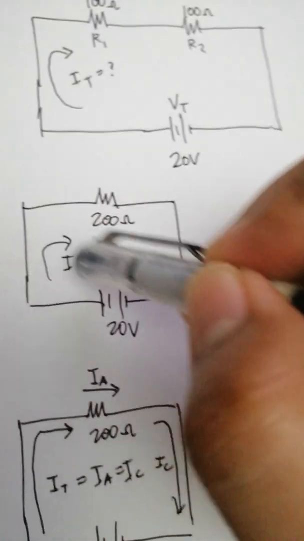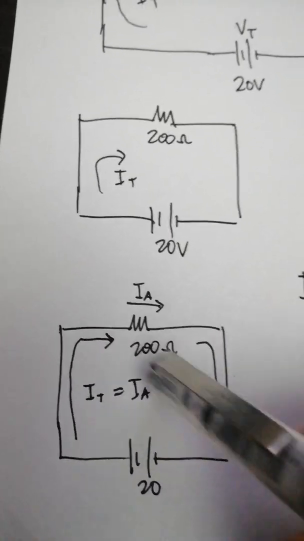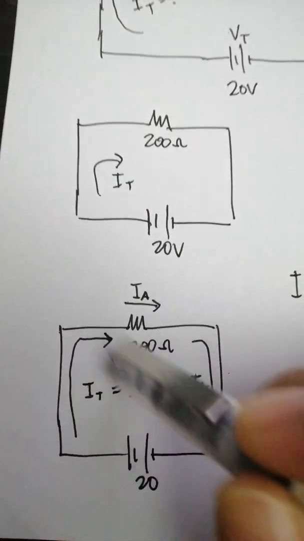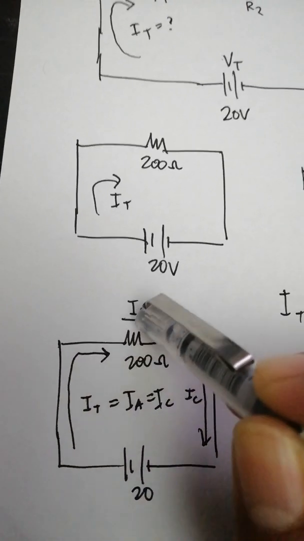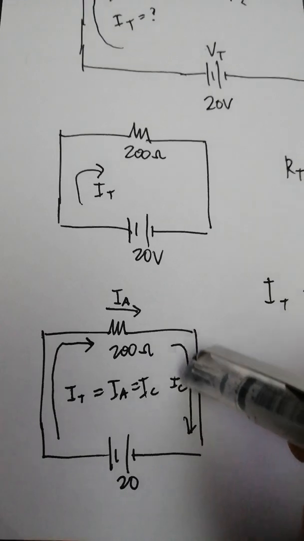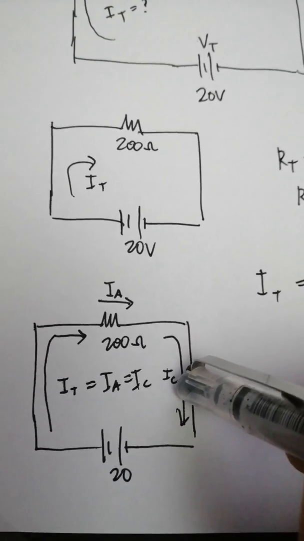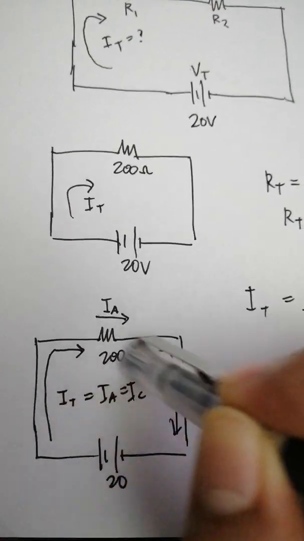That's the total current. Now in theory, if this is a closed circuit, the total current will be equal to IA, which is this one, and the one that goes out here, which is current IC. They will be equal. So the total current here will be 0.1 ampere.